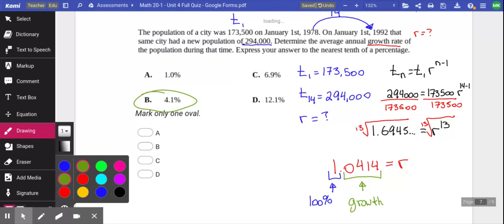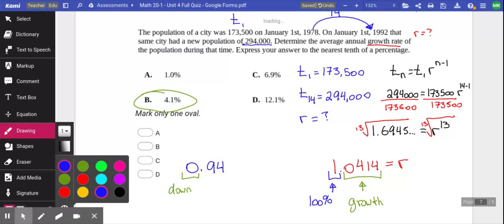It's kind of tricky, right? So when they're talking about growth rates of cities and stuff like that, the one in front represents that you have 100% and then plus a growth rate. Tricky, I know. If you had a number like 0.94 as your answer, the way you would figure out that rate, the 0 tells me that it's going down.